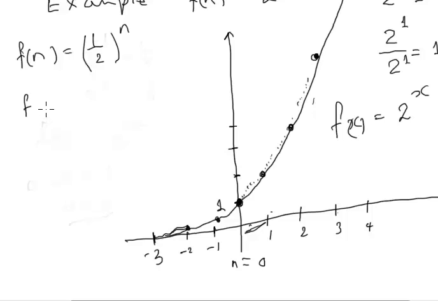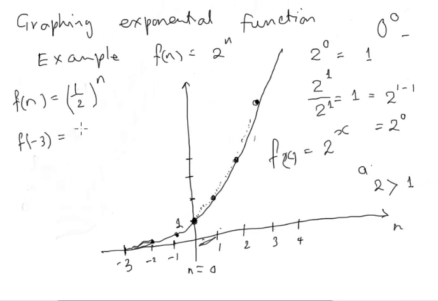Remember the evaluation function. We need to use that. f at minus 3 will say half at minus 3. What is that? That is 8. So at here it's going to take this value 8, isn't it?